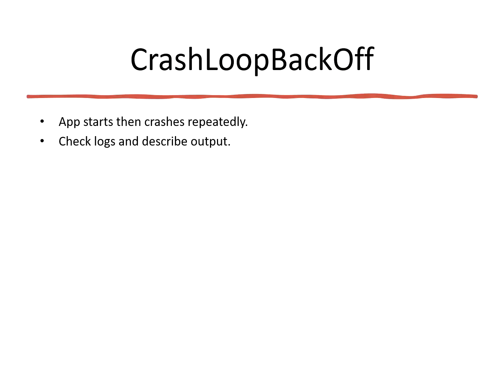We'll see CrashLoopBackOff. What does that mean? The application starts, crashes, Kubernetes restarts it, it crashes again, Kubernetes restarts it again, and the cycle goes on and on. Hence, it is a loop: crash, loop, back off.